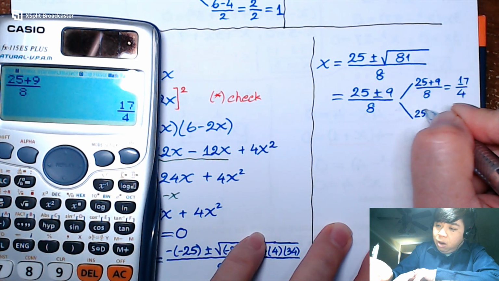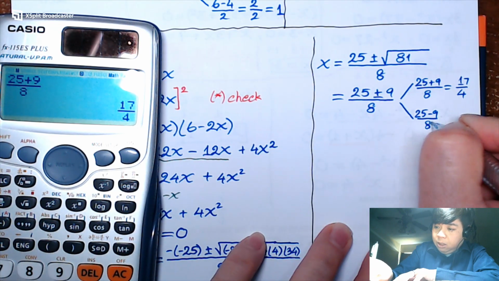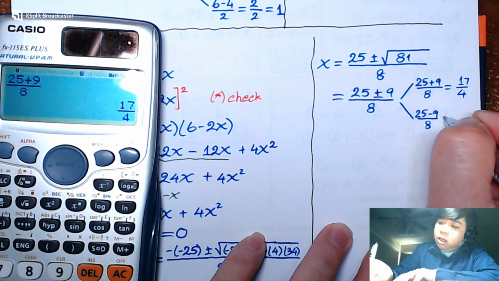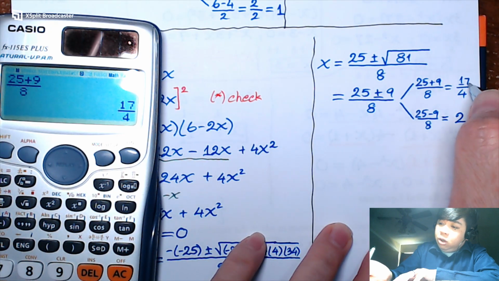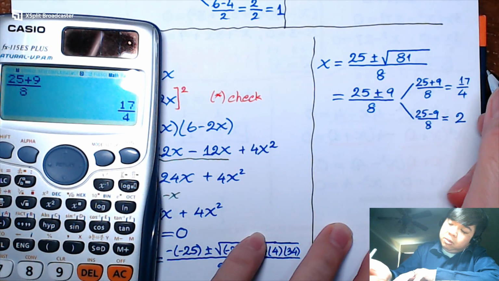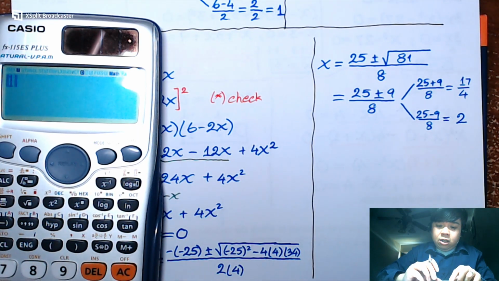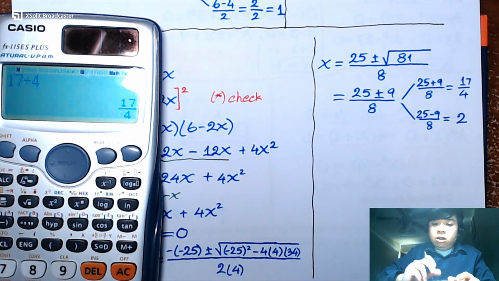And 25 minus 9 is 16 over 8, which is 2. So we have 2, and 17 over 4, which is 4.25.